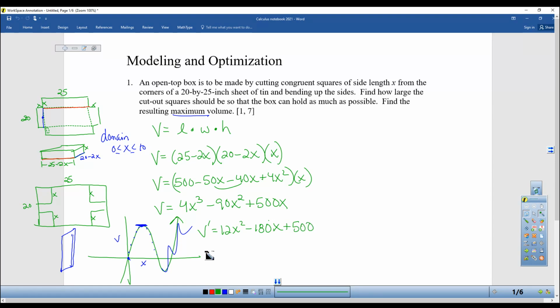And how do I actually find that now? I set it equal to 0. That's what's special about that point. And I don't know, can I factor something out of here? 4 would give me 3x squared minus, is that 45? And then plus 125.